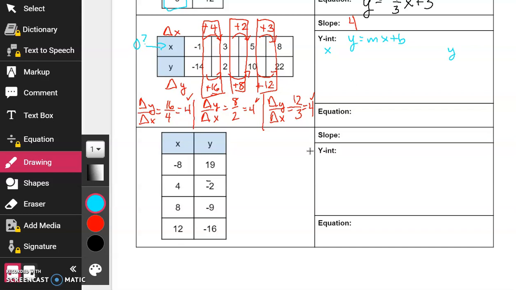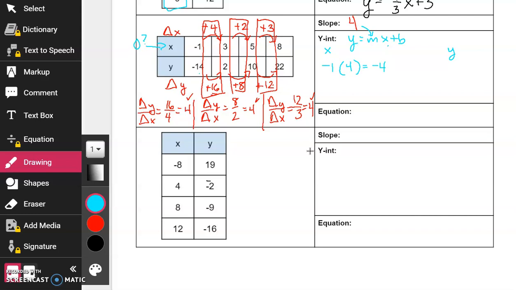So my x, let's take -1. My equation says y equals the slope. I know the slope is 4. So if I do the slope times x, I'm at -4.